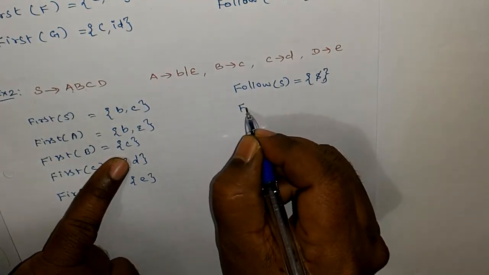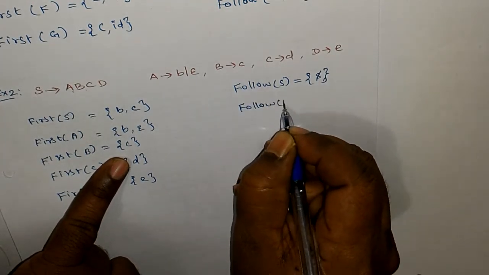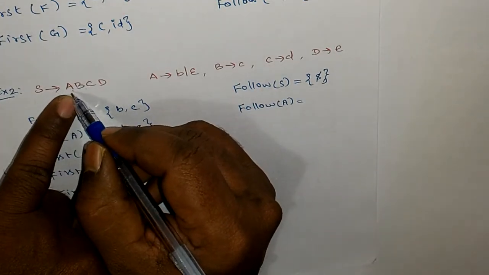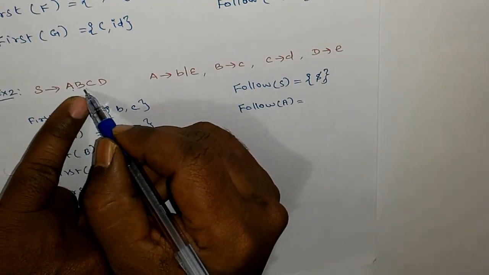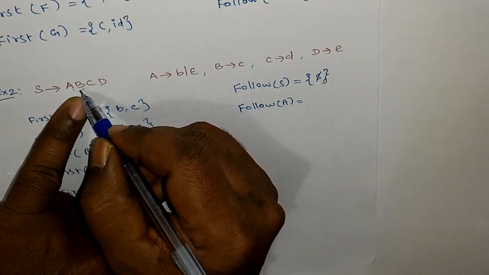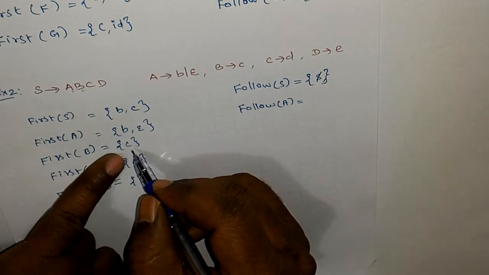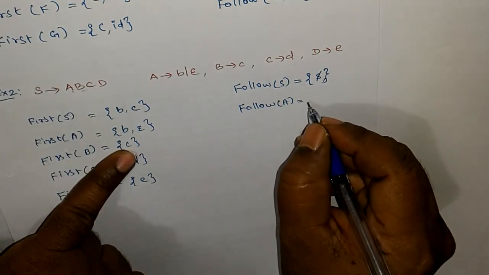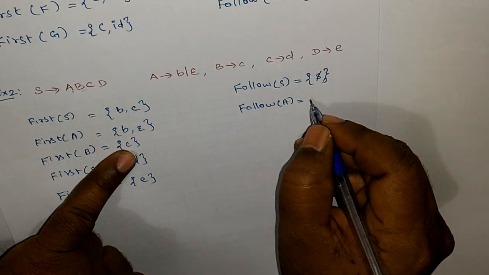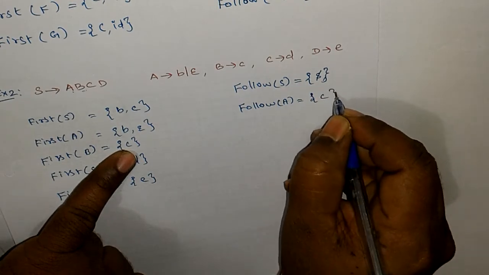Then follow of A, which has B after it. This is a non-terminal, so first of B, which is c.